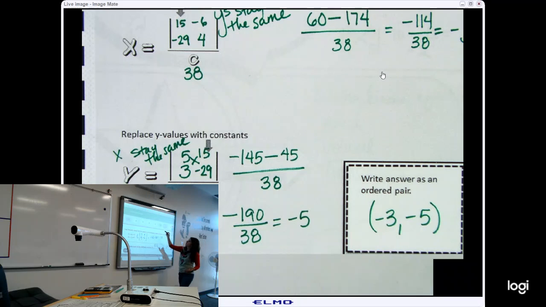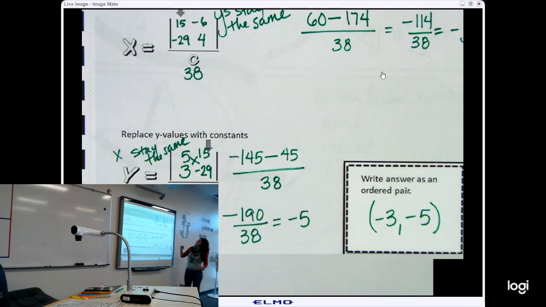Okay, if I want to solve for x, I know I'm going to be dividing by that -78. If I'm solving for x, I replace the x's with the constants. 8, 7, and the y's stay the same. Negative 48 minus 28 divided by negative 78.